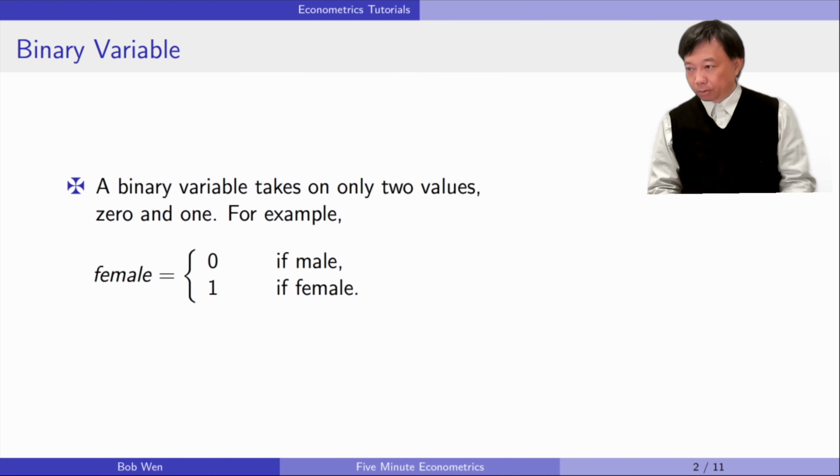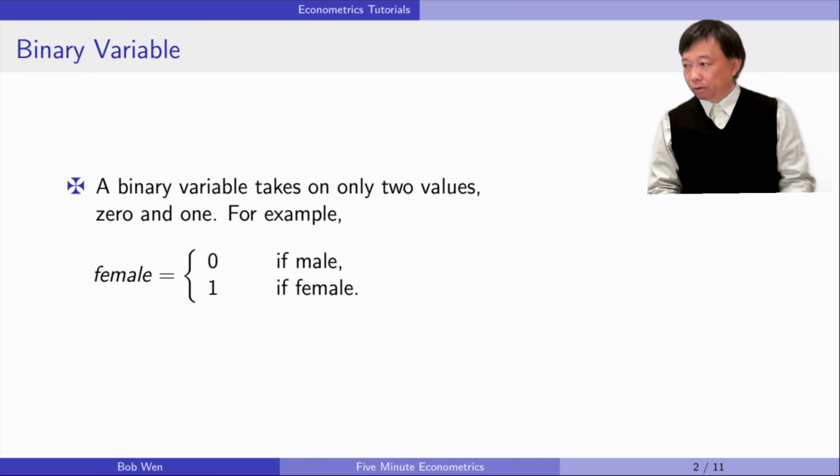Many variables used in econometric models are binary in nature, such as whether a person is female or not, whether a person is married or not, whether a worker joins a union, and whether a firm is state-owned or not.